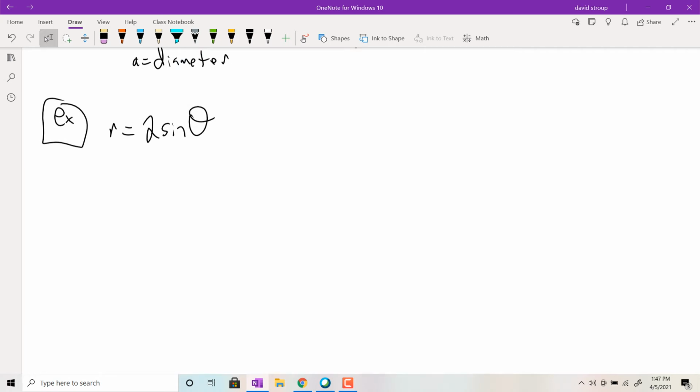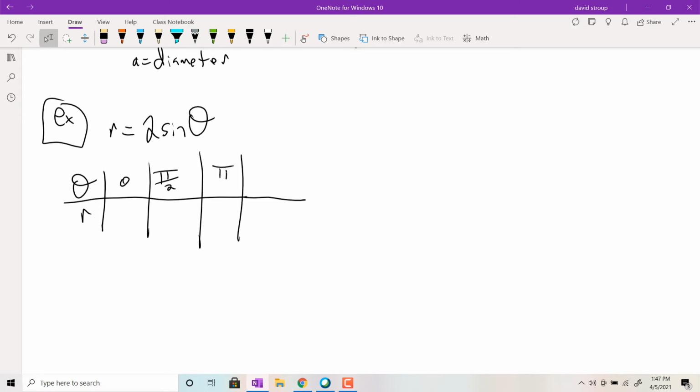So you could do a theta, r table here, and usually you could just go by pi/2s or whatever you fancy. So pi/2, then pi, then 3 pi/2, and then 2 pi, and then it just repeats itself over and over.